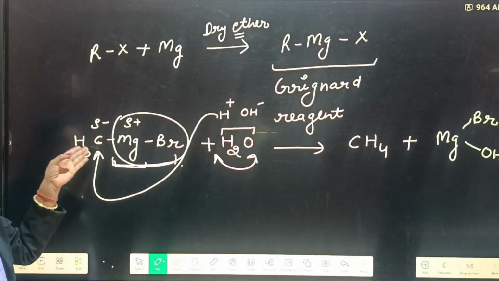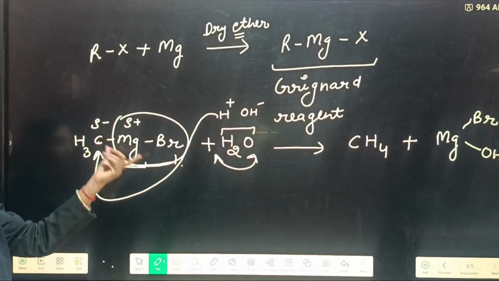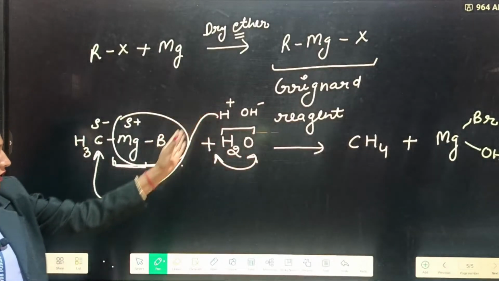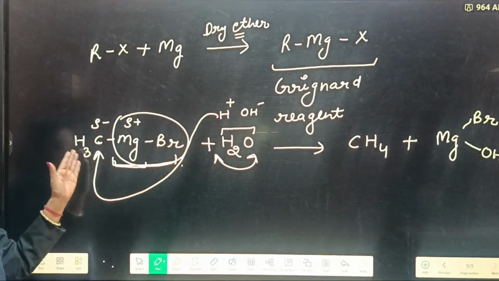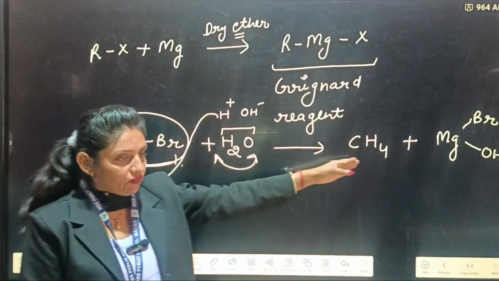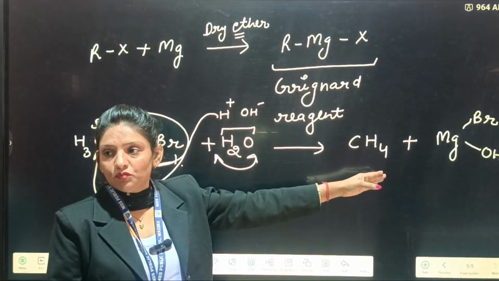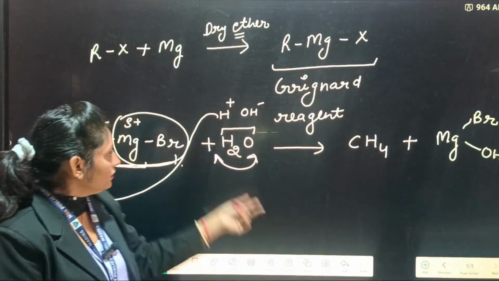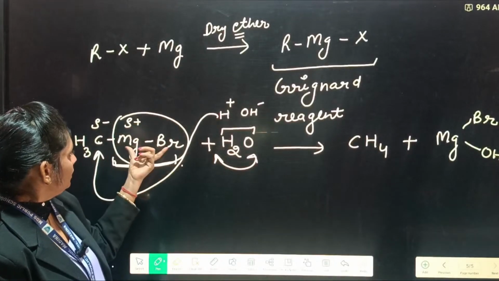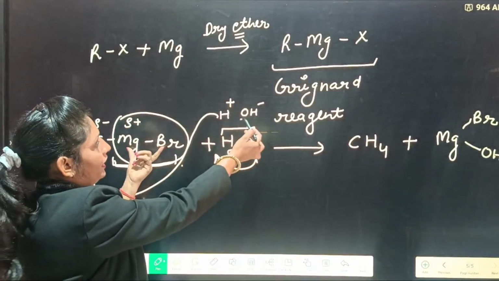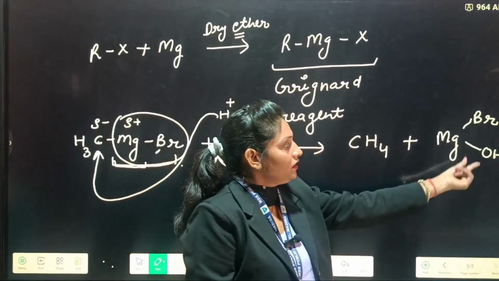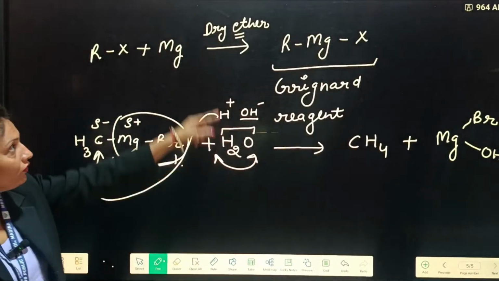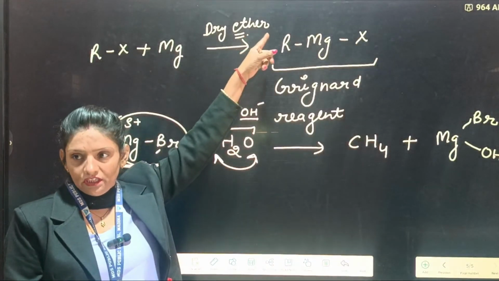Negative and positive you will break, water also. Then positive will interact with negative. CH3 negative and H positive give CH4. What is this? This is methane, and methane is an alkane. And this MgBr positive interacts with negative OH, giving MgBrOH.